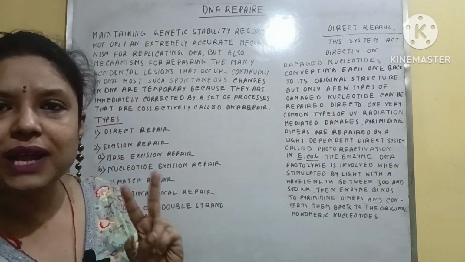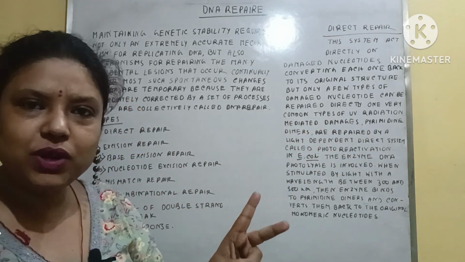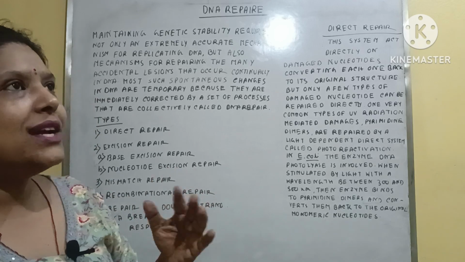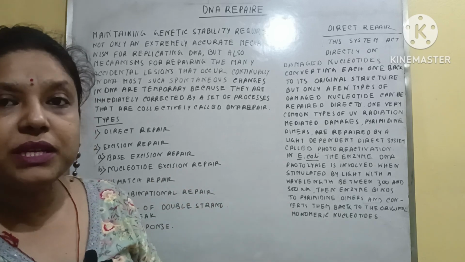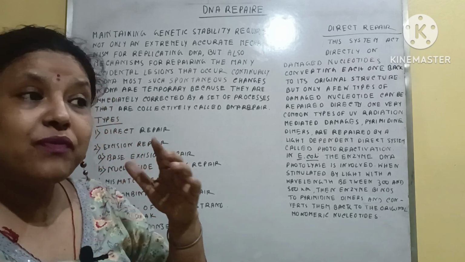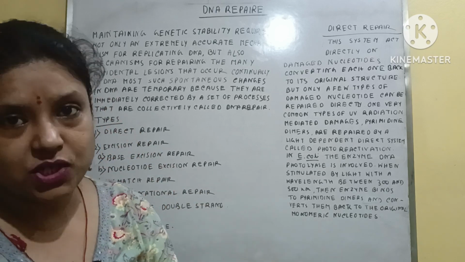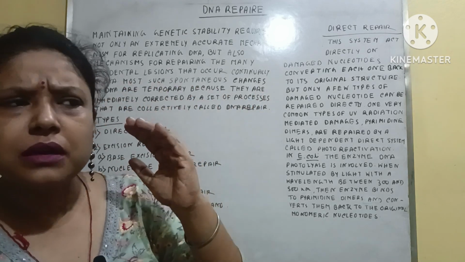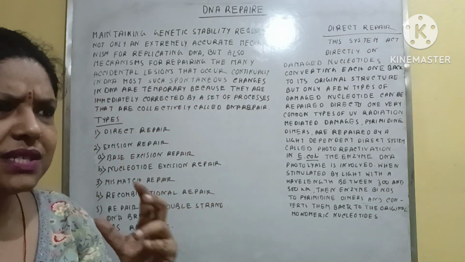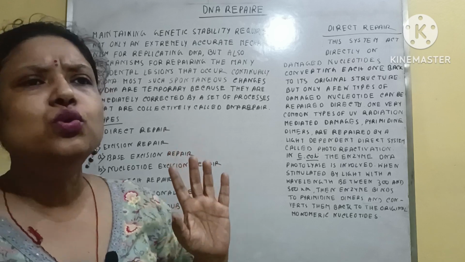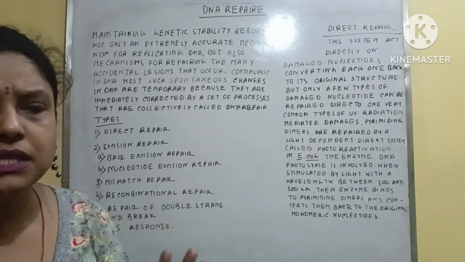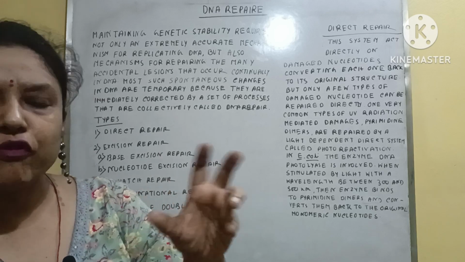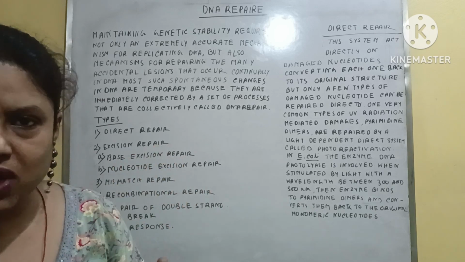You all know there are two types of nucleotide bases, one is purine and the other is pyrimidine. I will try to explain purine and pyrimidine if I give a lecture on DNA structure. For now, just keep in mind that there are two nucleotide bases, purine and pyrimidine, that completely form the DNA double helical structure.